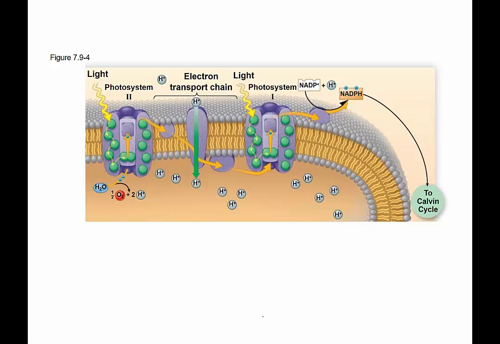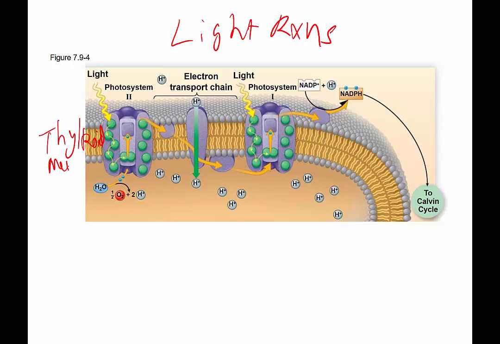So here we have a more zoomed out figure showing the light reactions in their entirety. To orient you, again, we're looking at the thylakoid membrane. We have the stroma on the outside, and inside we have a thylakoid space.